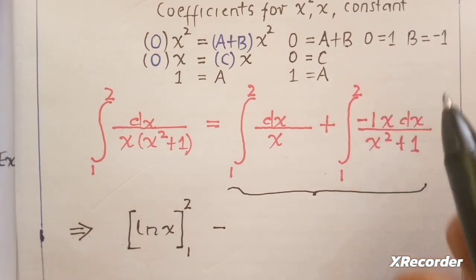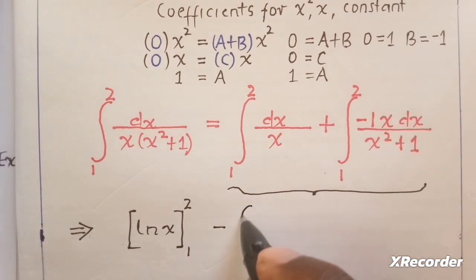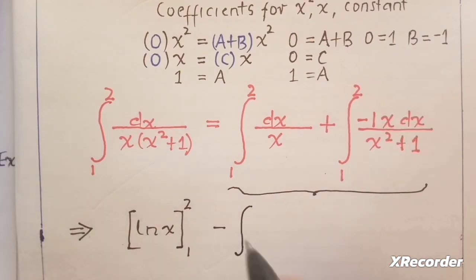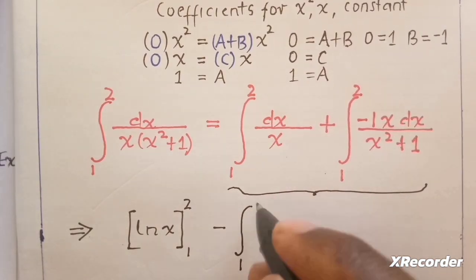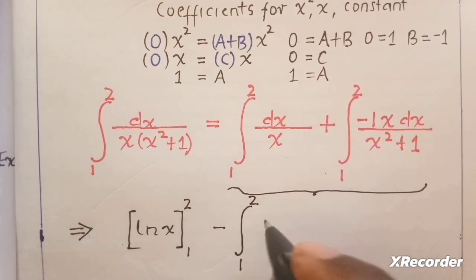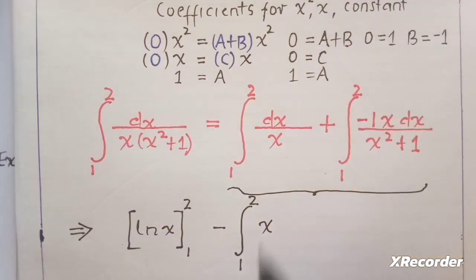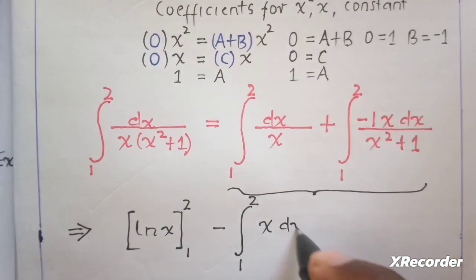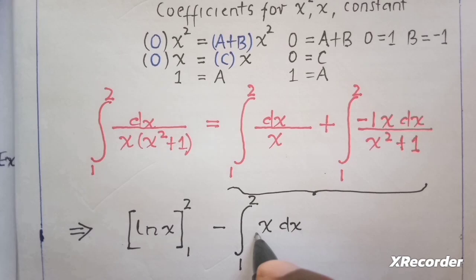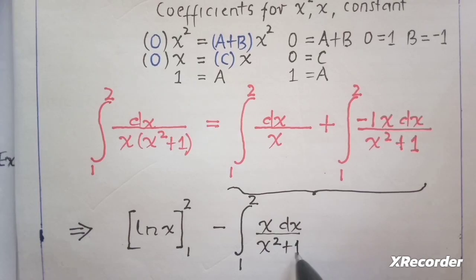I can write it again, guys, before we integrate, limit 1 to 2. Here we have x. We don't have to write 1 again. dx all over x squared plus 1.